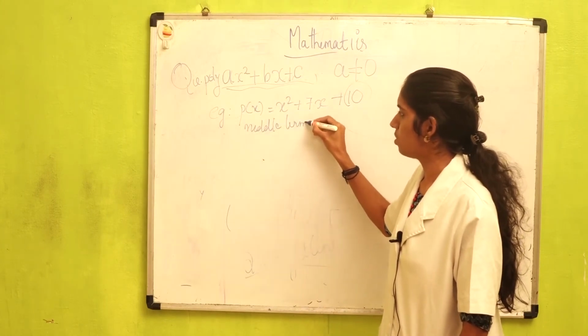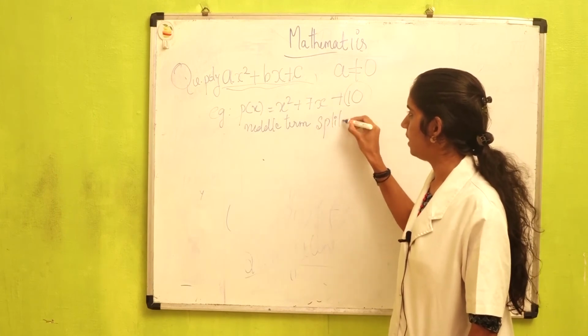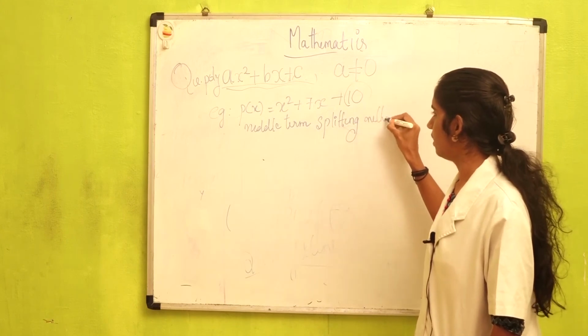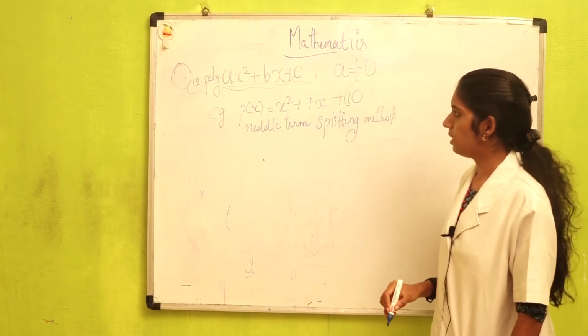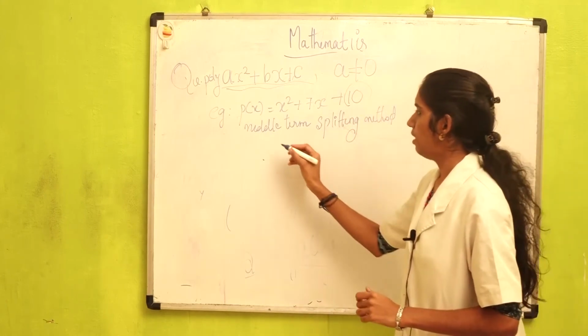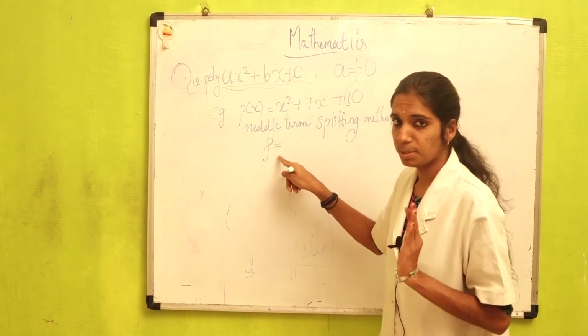How will you find the zeros of a quadratic? Middle term splitting method. Okay, so here the method is that p means product.